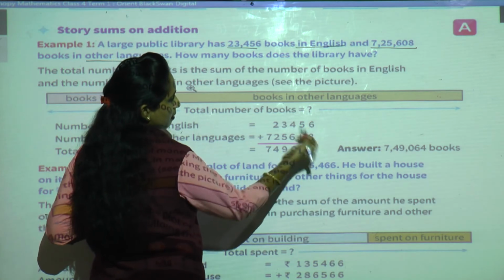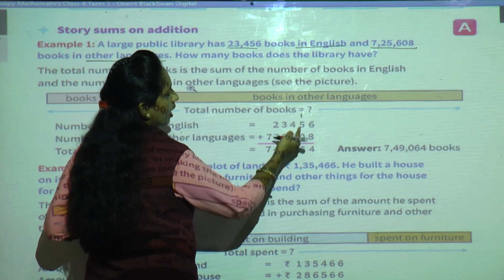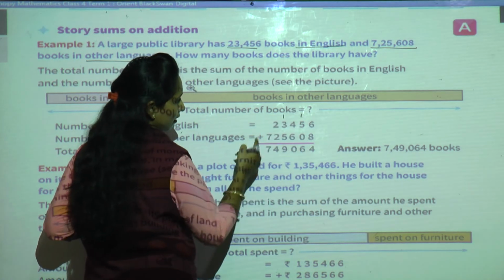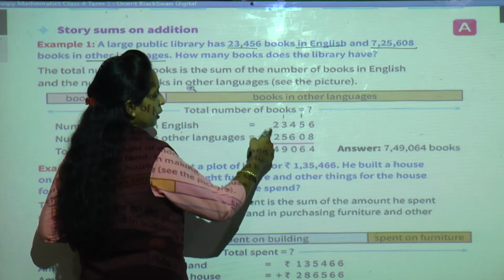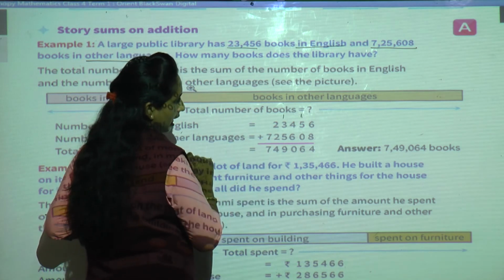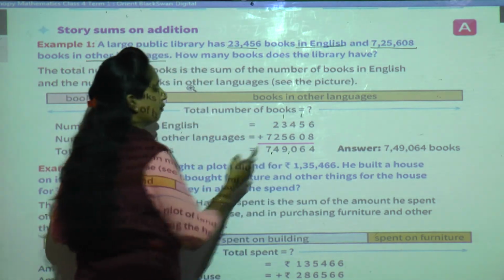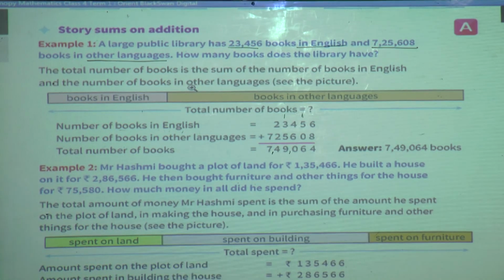So addition, 6 plus 8 is 14, carry 1, 1 plus 5 is 6, 4 plus 6 is 10, carry 1, 1 plus 3 is 4, 4 plus 5 is 9, 2 plus 2 is 4 and 7 as it is. So the answer is 7,49,604. So how many books are there in the library altogether?